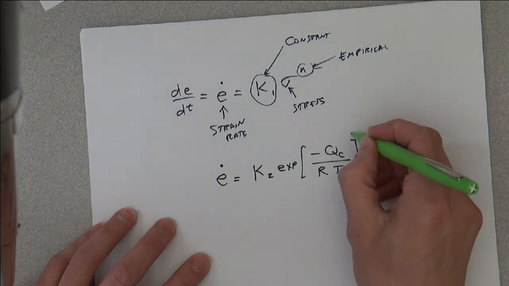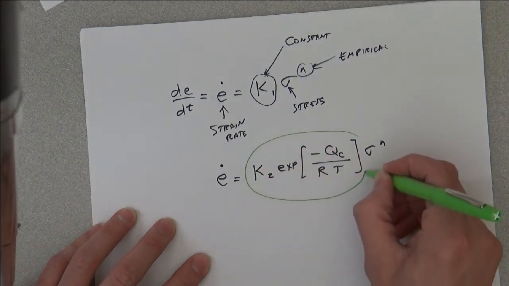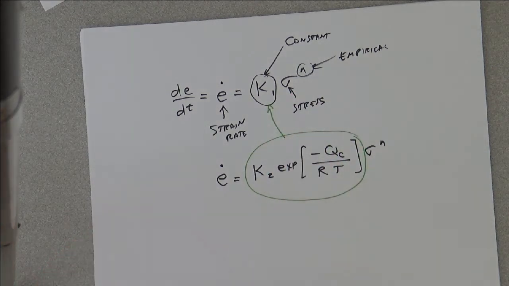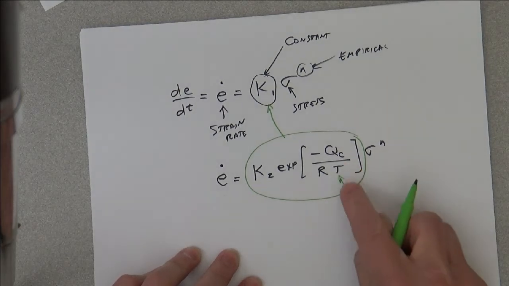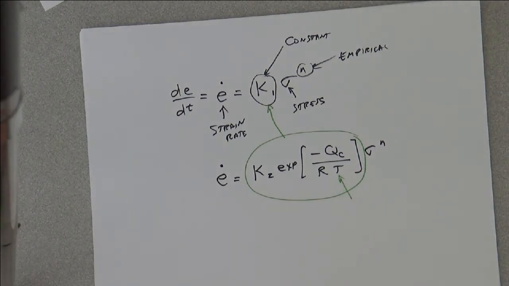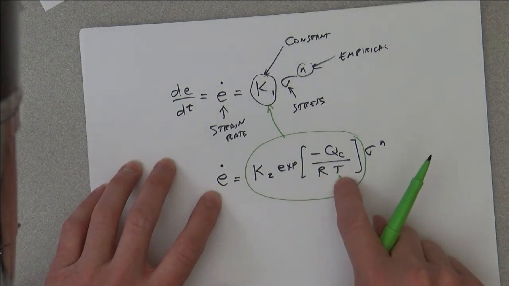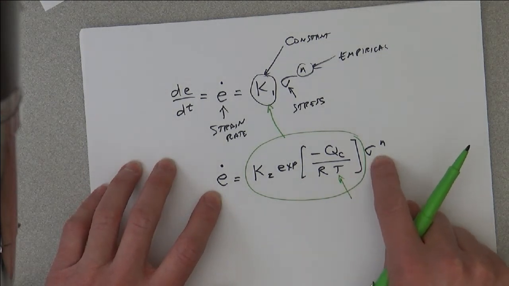So that means this is the first coefficient, and this gives you the temperature effects. So this is a way to talk about the change in the strain rate with changing temperature and changing the applied load.